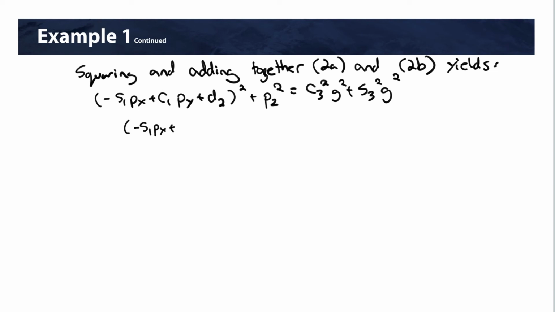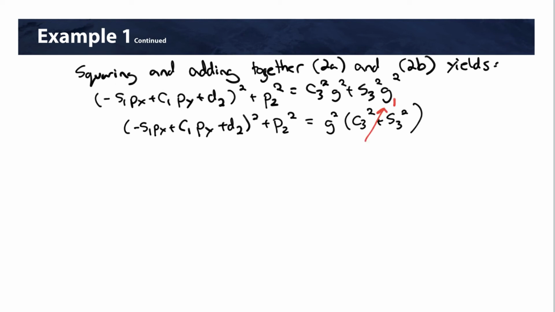Let's rewrite that out. Leave the left-hand side as is, and group the g squared term. We know that cosine squared plus sine squared of an angle is equal to 1. Now we can simply solve for D2 as we've eliminated theta 3 from this expression.